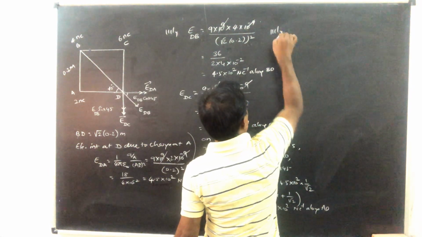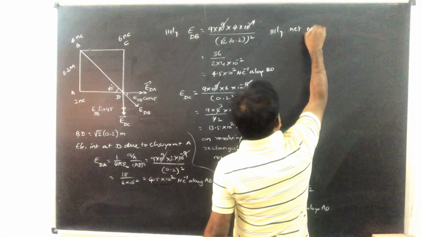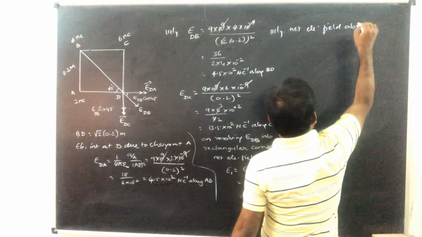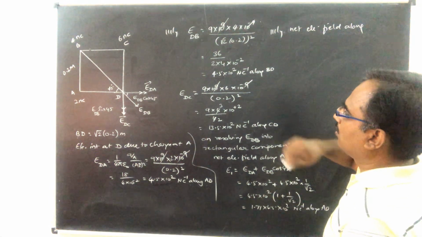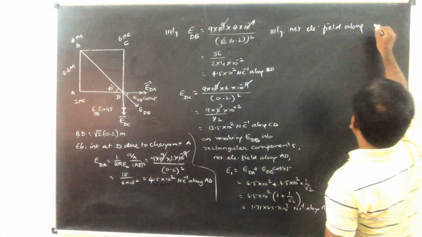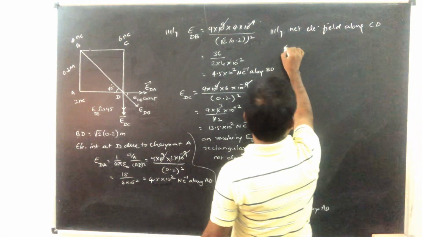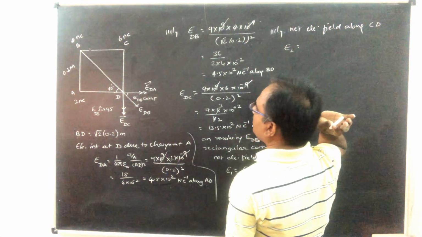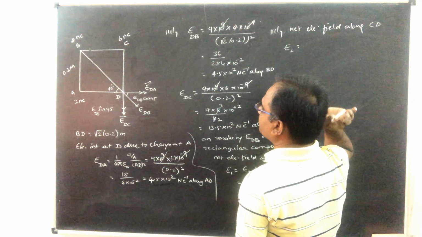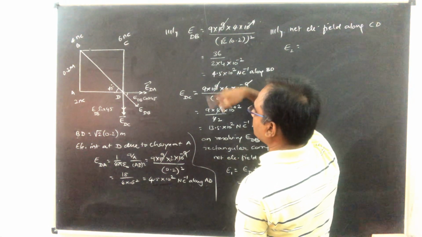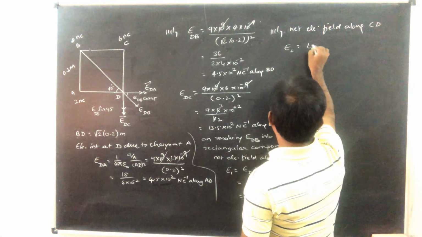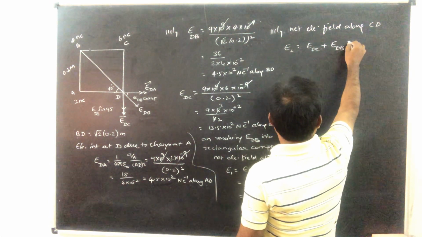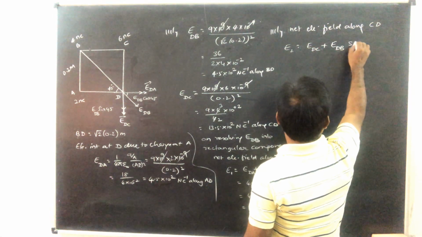Similarly, the net electric field along this side CD, E2, is equal to EDC plus EDB sin 45.